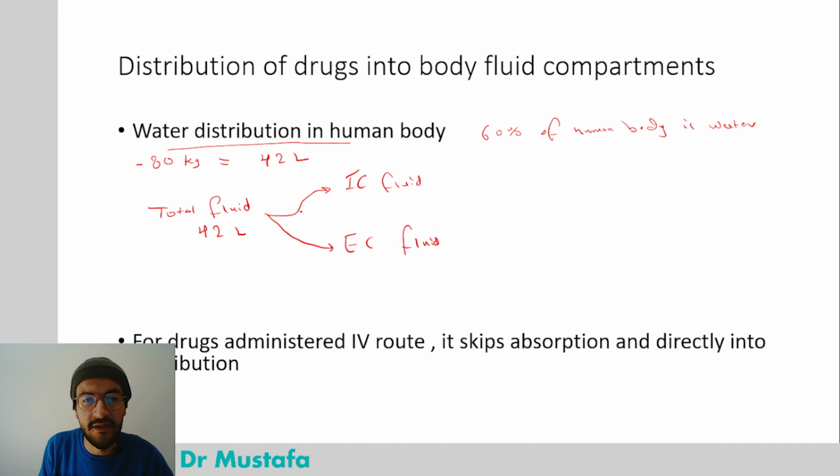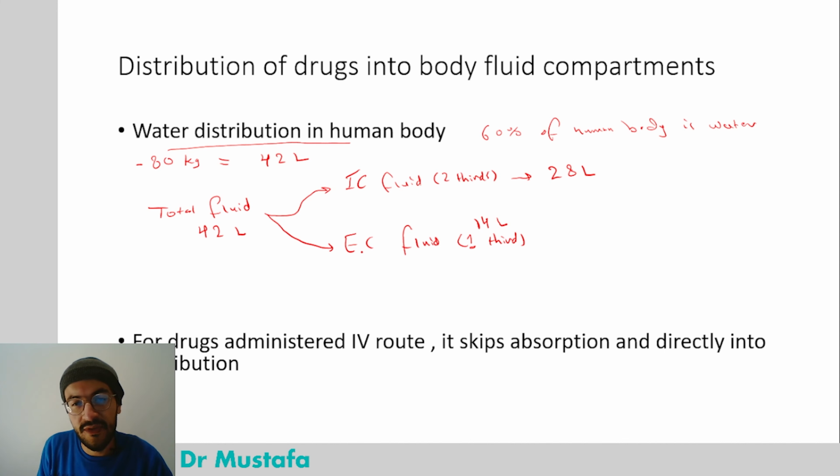2/3 of the total fluid would be intracellular and 1/3 would be extracellular. So intracellular fluid would equal 2/3 of the 42, which is 28 liters, and the 1/3 would be 14 liters.